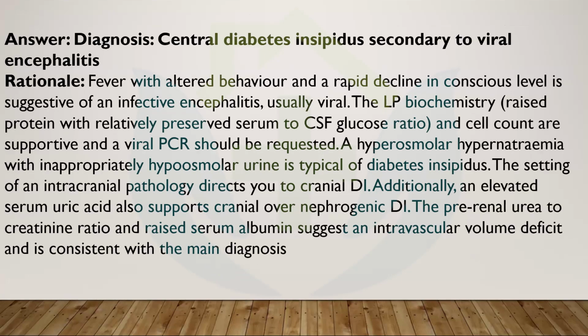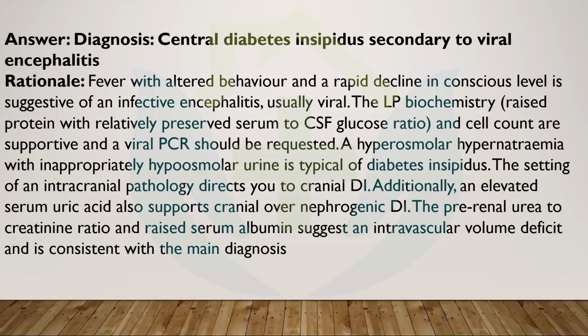It's quite a direct and simple question. So this is central diabetes insipidus secondary to viral encephalitis. Fever with altered behavior and a rapid decline in consciousness is suggestive of infective encephalitis, usually viral. The LP biochemistry and cell count are supportive of the viral picture. Hyperosmolar hypernatremia with inappropriately hypoosmolar urine is typical of diabetes insipidus.